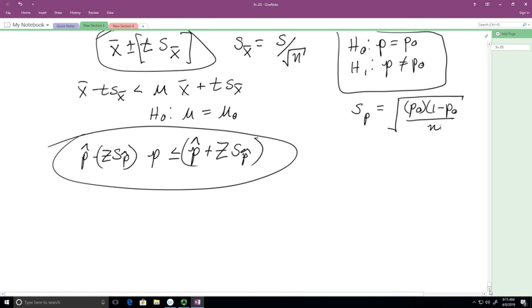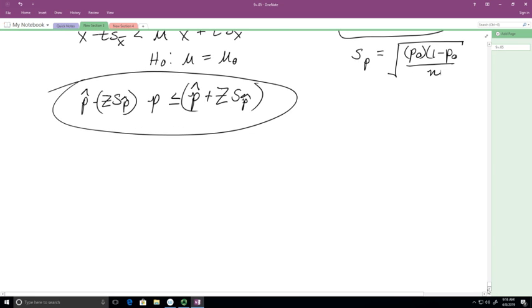What this comes to is, if I have a hypothesis that p is equal to 0.4 versus an alternative that it's not equal to 0.4. This is a two-tailed hypothesis. It doesn't matter what tail it is, it's all calculated the same way.